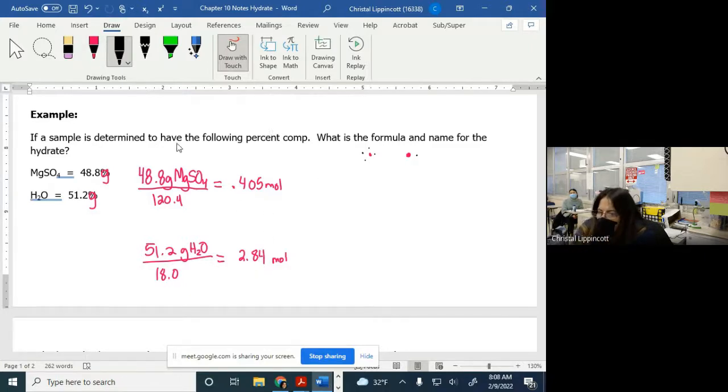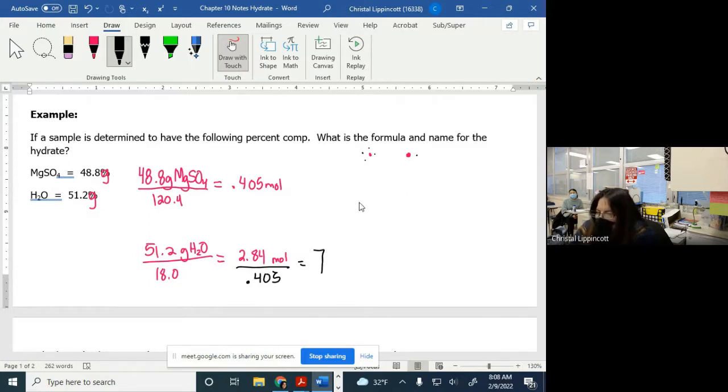So just like with our empiricals, we're going to divide by the lowest mole value, so 0.405. And that equals 7.